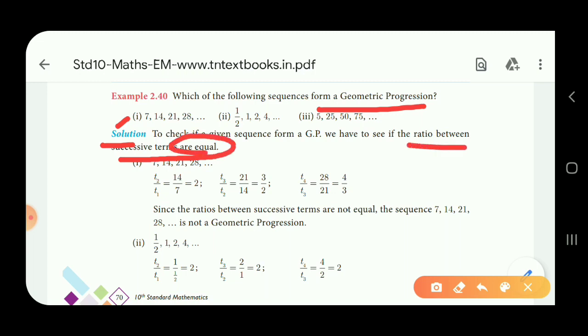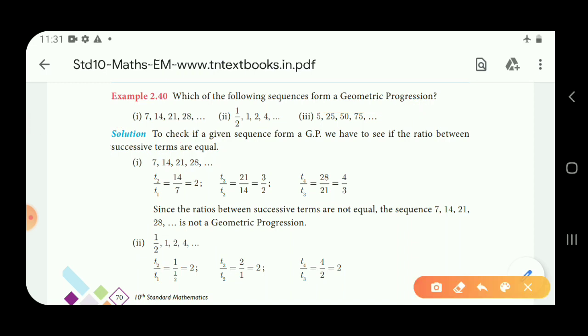Ratio equal. The first one is 7, 14, 21, 28. 7 is the first term and 14 is the second term, so T2 by T1, the second term divided by the first term, is 14 by 7, which is 2.